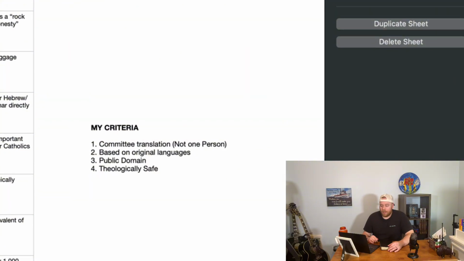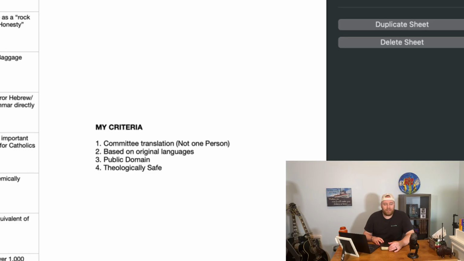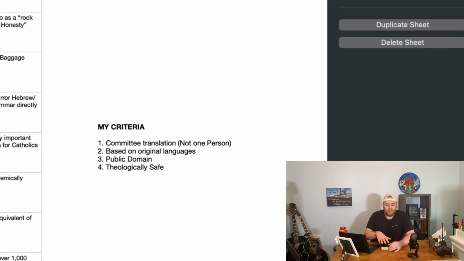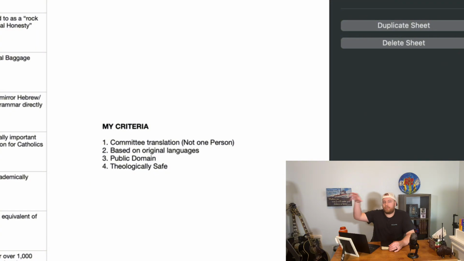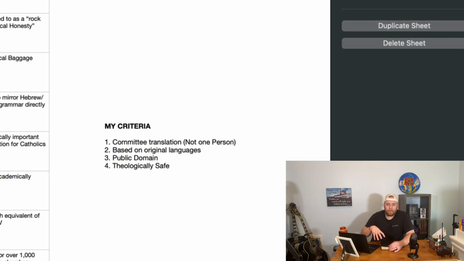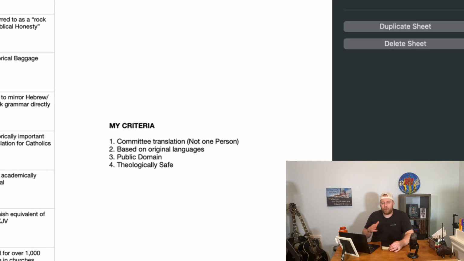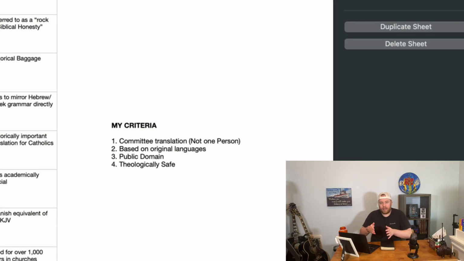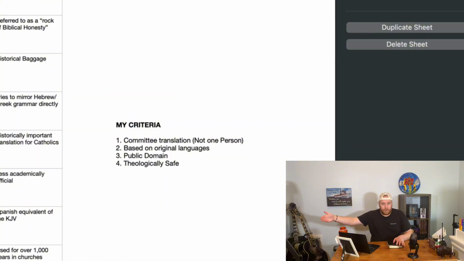Number 2, I want it based on the original languages. And so what I mean is that if it's an English translation where they are simply translating from a previous English translation, for me, that's not good enough because you're putting one extra layer between your text and the original source material.